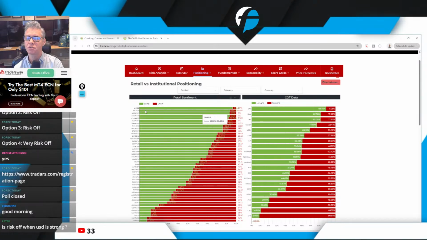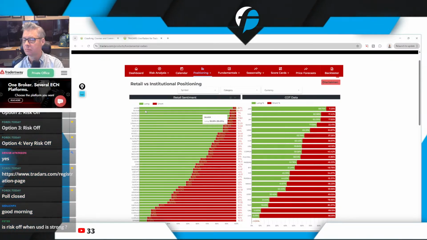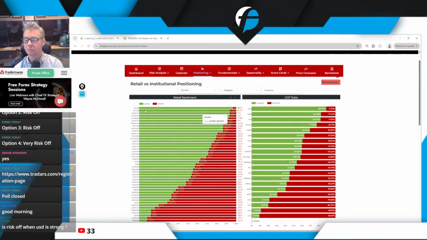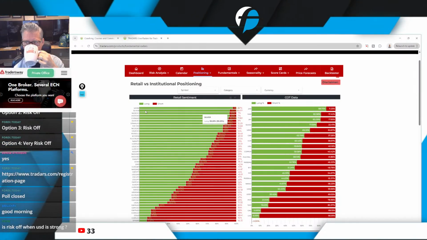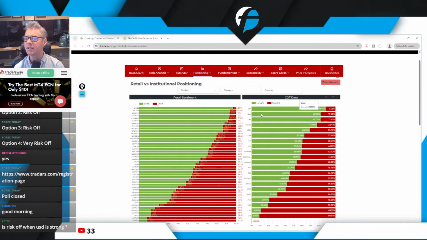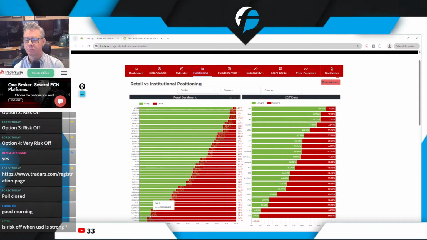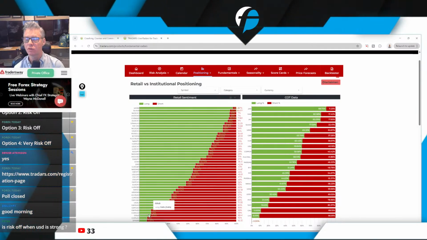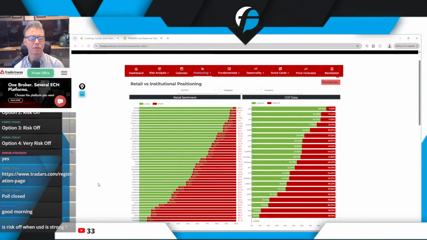The poor man's gold. Meanwhile, institutions are very long gold and silver as well. Retail seems to be off on gold. I guess retail's already bearish. It hit an all-time high, so okay.